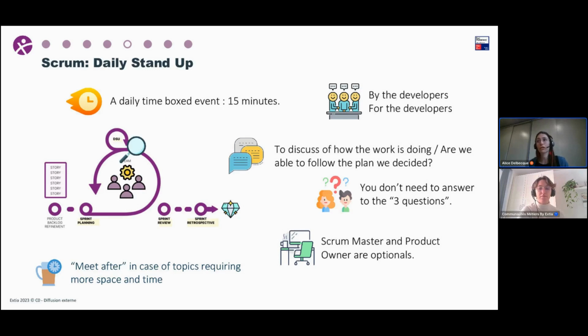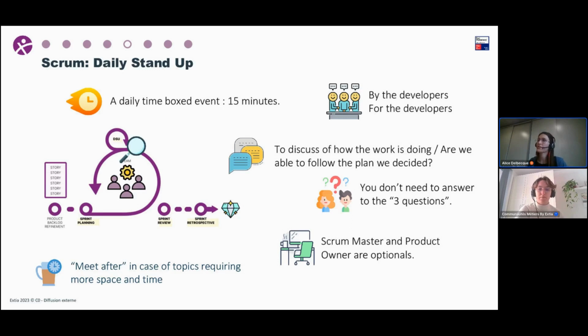And the product owner, it's the same. If he is not able to attend the daily, it's okay because he's not the one who is developing and implementing the solution. However, sometimes it's also important for him to attend the meeting because he can answer directly some questions if the questions are short enough.